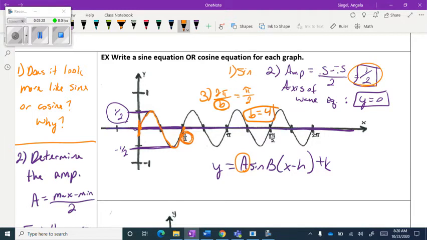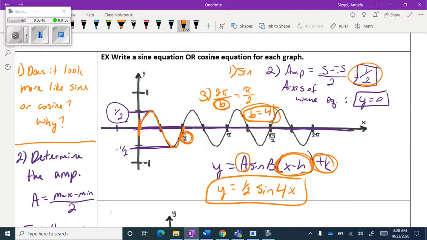It's 1/2. Okay, we have our b. We found that. It's 4. Okay, was the graph shifted left or right? Was the graph shifted up or down? And it was not. So we don't have to worry about any of that. So our final equation for this graph is going to be y equals 1/2 sine of 4x.